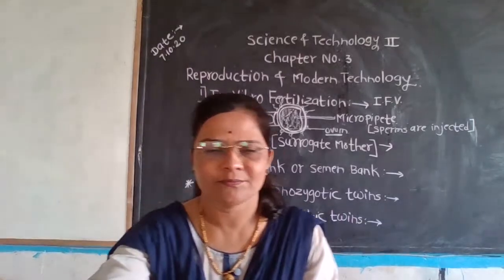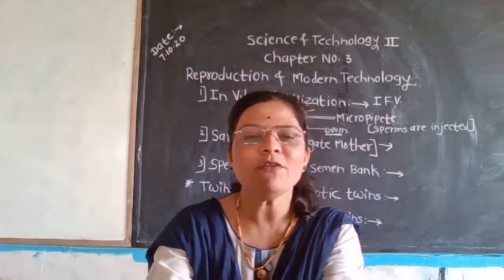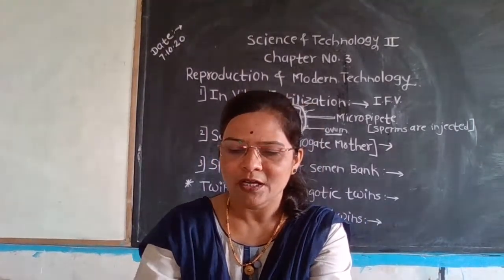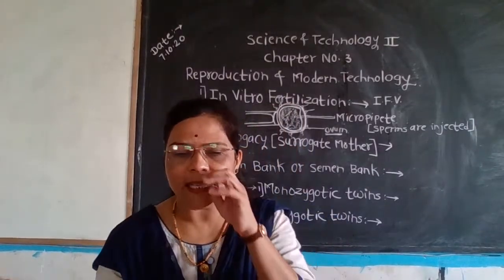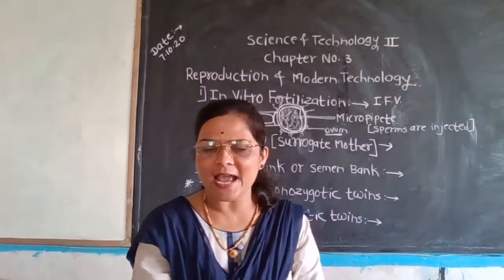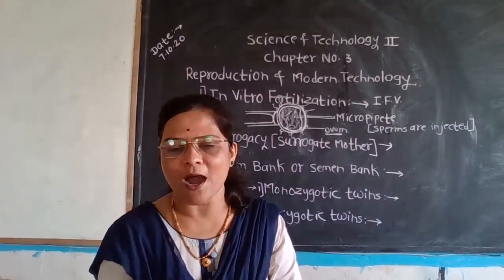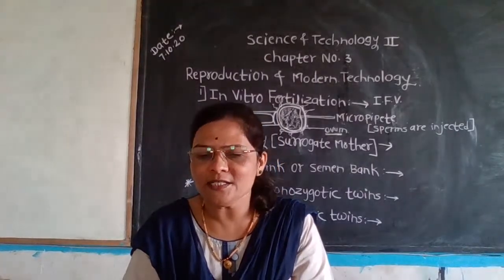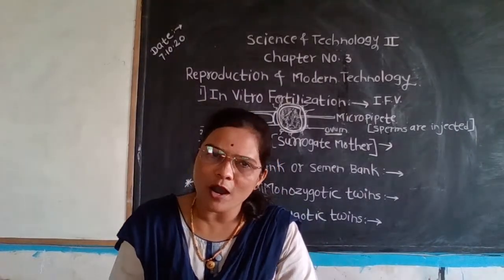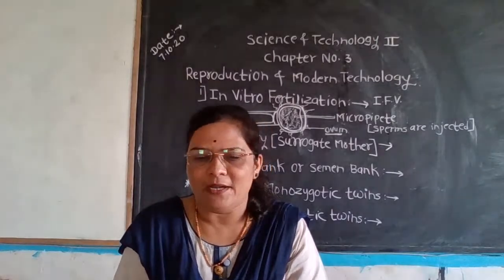So students, what is in vitro fertilization? It is the IVF technique in which the fertilization is brought about in the test tube and sperm is injected into the ovum using the micropipette.